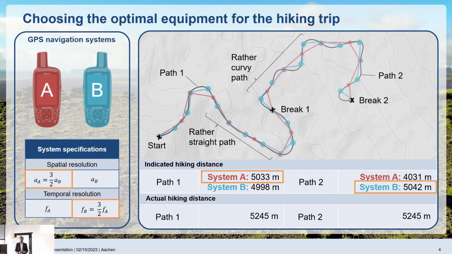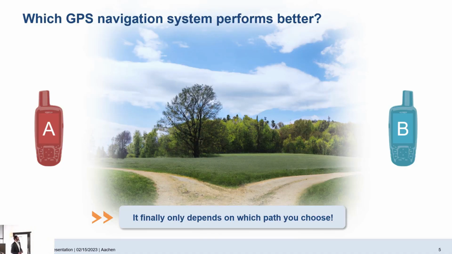And the measured path would tend to be shorter than the actual lengths. This opposite effect is overlaid in this example, which leads to this result. So which GPS navigation system performs better now? The answer is it finally only depends on which path you choose.